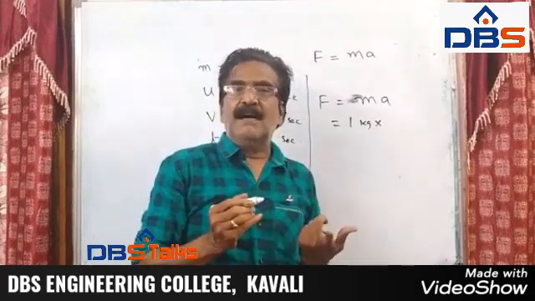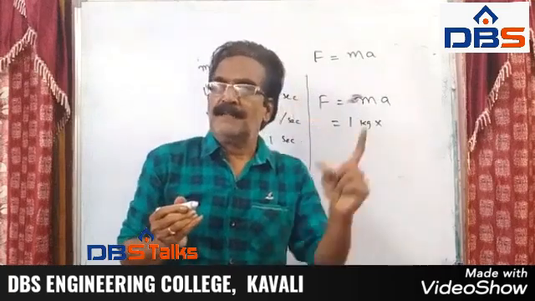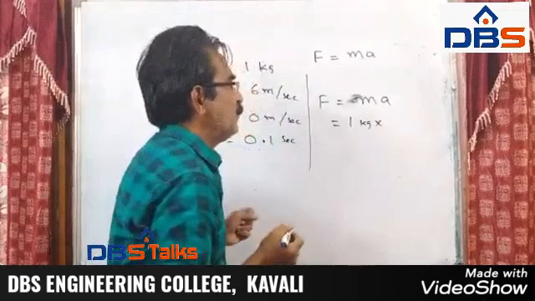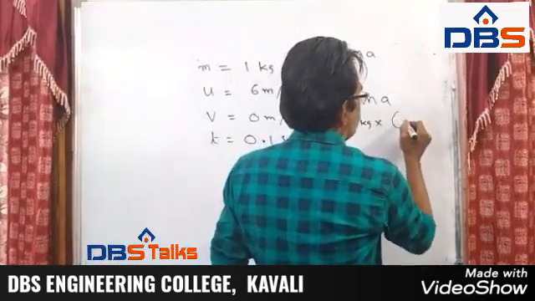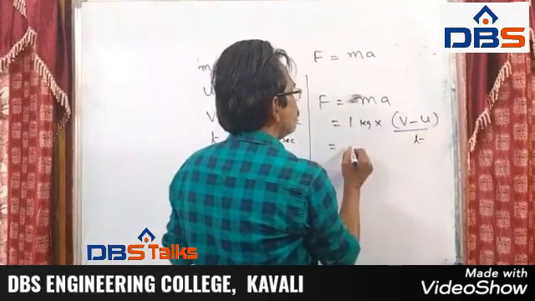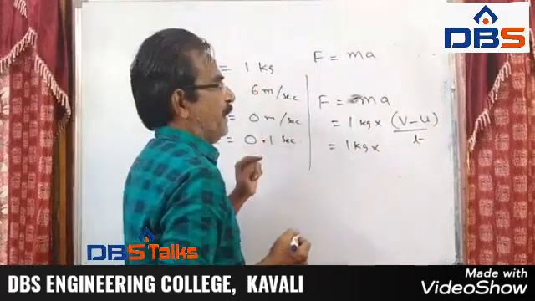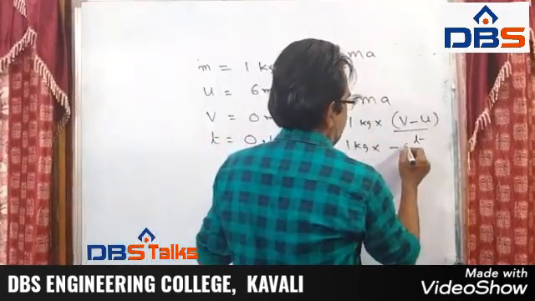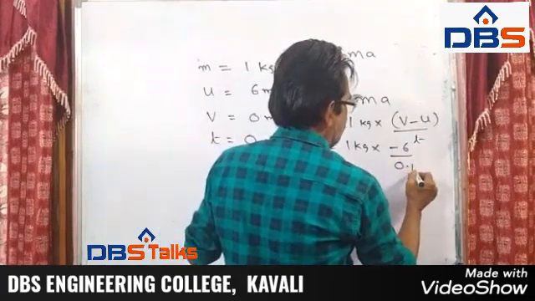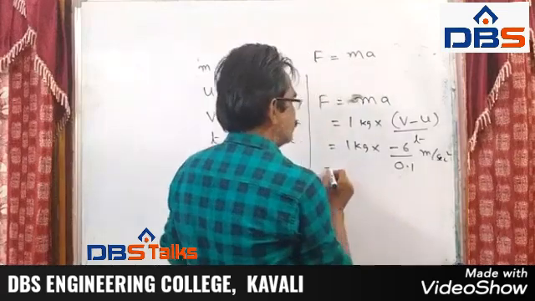After hitting the wall, the hammer comes to rest. For this process, what is the time taken? 0.1 second. So a is equal to (v minus u) by t, or delta v by delta t. 1 kg into (0 minus 6) by 0.1 second. This is meter per second square.